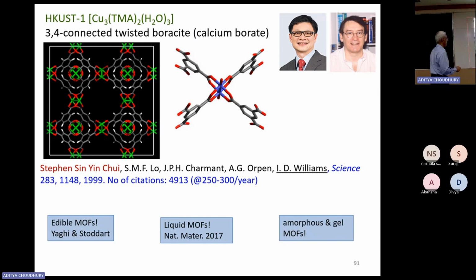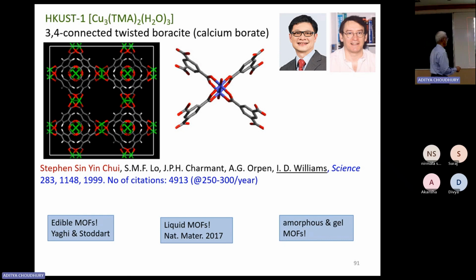Usually whenever you start making a MOF from a university, you try to name it not as MOF-1, 2, 3. Only Yaghi does it. For others, they put their university name and then 1, 2, 3. And as I mentioned to you yesterday, it stopped with 1. After, he started working on something else, and now he's a senior lecturer in the US.